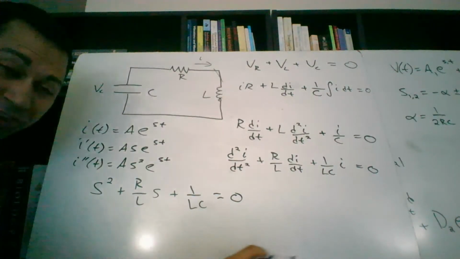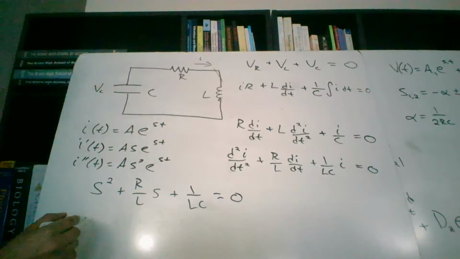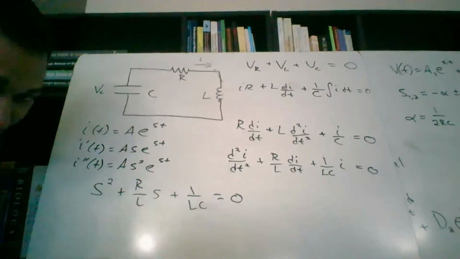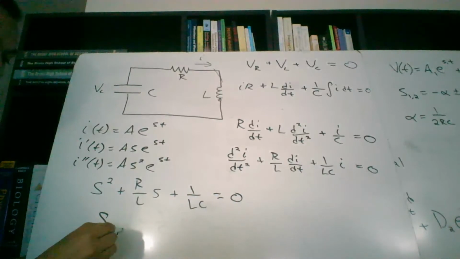Finally, the last thing to do is to solve for s using the quadratic equation, and we're going to get two solutions just like we did before. So I'm going to write this as s1,2.